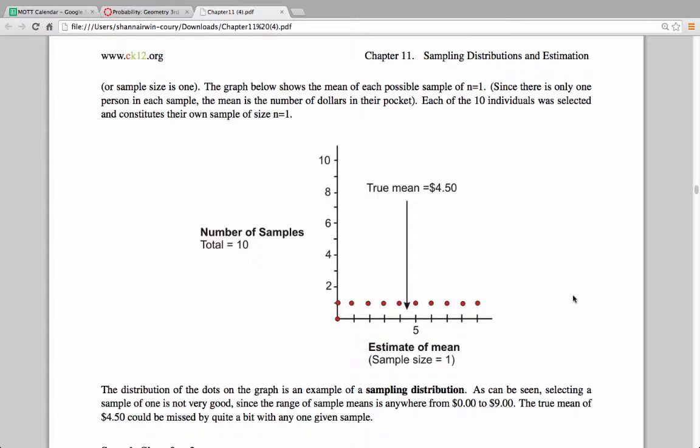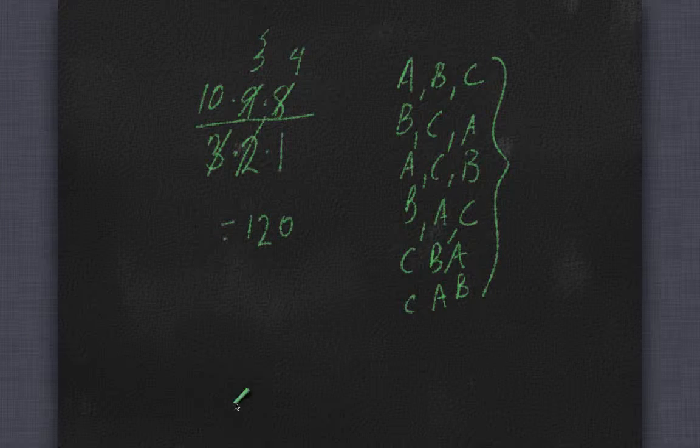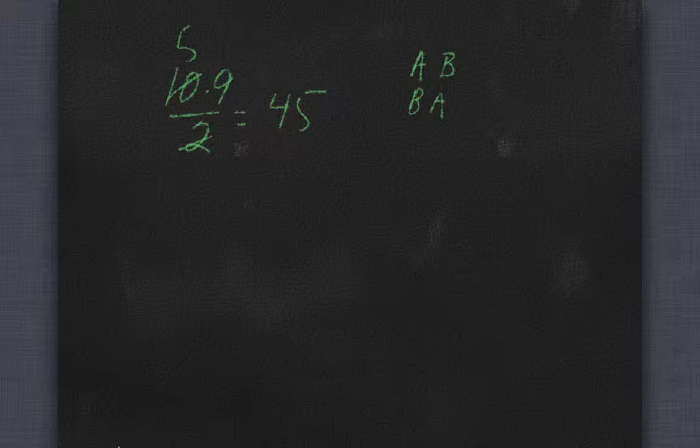The way you find out how many samples of that size there are is you have 10 ways to choose your first person. You have 9 ways to choose your second person, but choosing A, B, and choosing B, A are the same sample. Every single combination has been counted that many times. So you divide by 2 so that you don't count everybody twice, and you get 45 ways to have a sample of size 2.